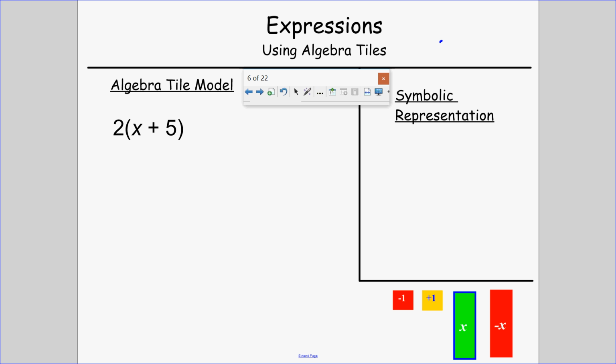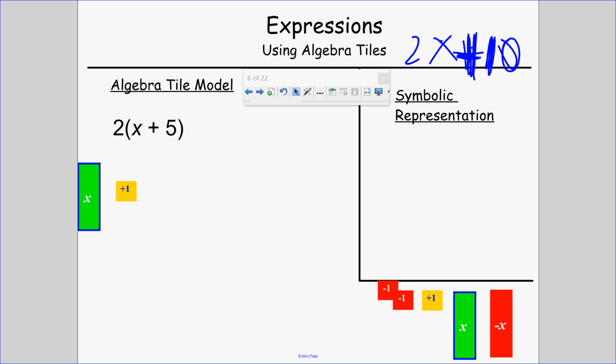My prediction is 2x plus 10. You know what? I'm going to use my algebra tiles to prove that is correct. So x plus 5, 1, 2, 3, 4, 5, 2 groups of x plus 5.